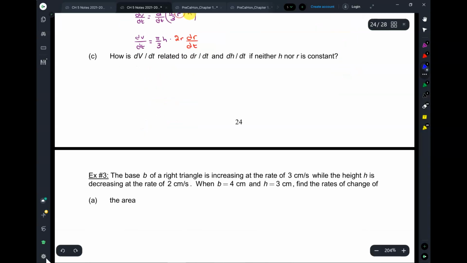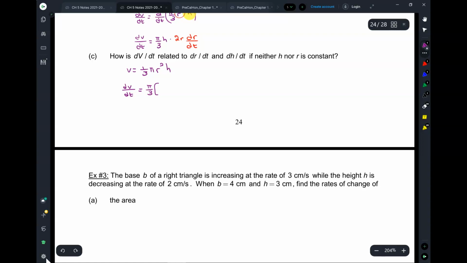Okay, now how about dv dt related to dr dt and dh dt if neither of them are constants? Well, now, if v is 1 over 3 pi r squared h, dv dt is pi over 3, right? Those are the constants, I'm going to pull those out.